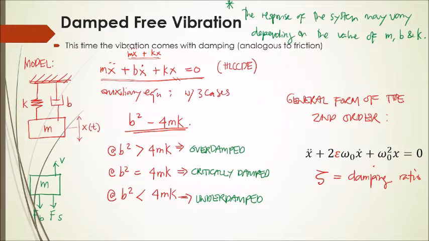So if we compare also kaning atong equation, this standard equation that came up based on the figure of the model, compared to the standard form or general form of the second order, we can also see specific nga mga formula, no?